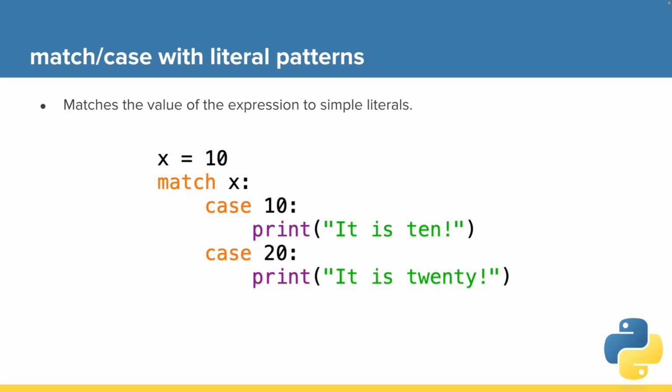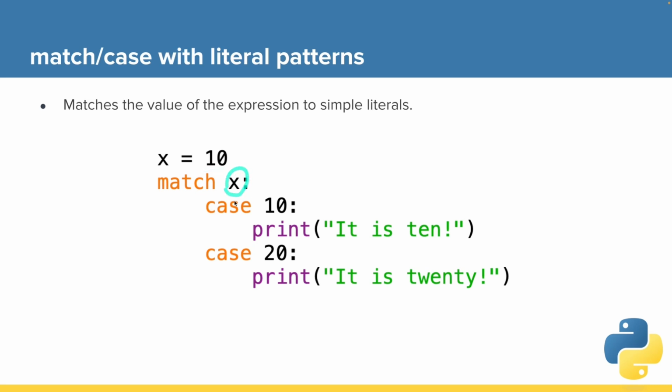Continuing on with our match case discussion, let's talk about some things that we can match on, some ways that we would match here with our cases. So with literal patterns, we can match a simple value. Let's say we have a variable x assigned to the value of 10. We match on x.